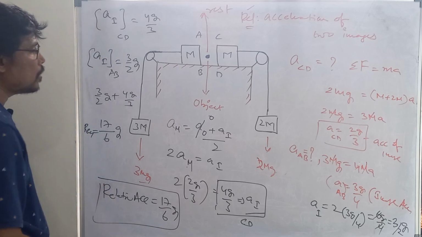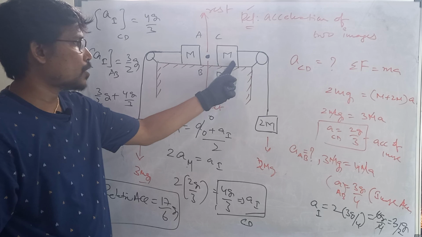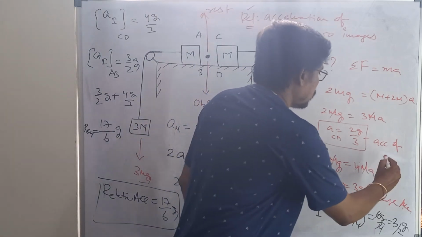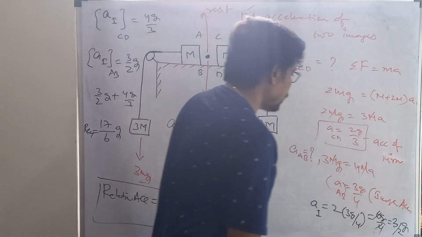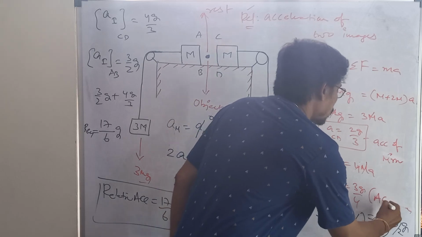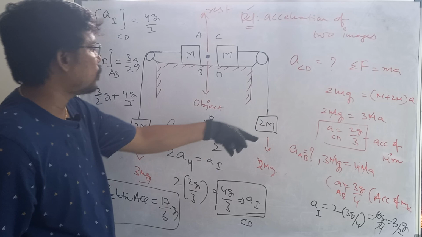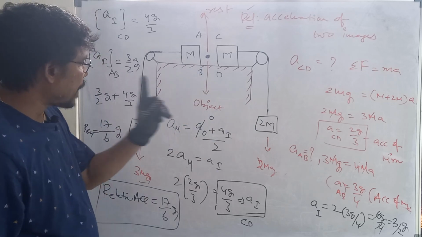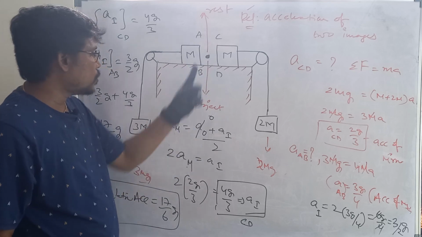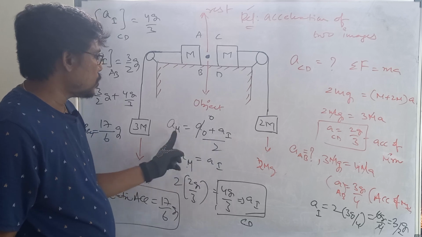Here I just wanted to find the acceleration of the mirror for both of these. When I find the acceleration of the mirror, if I want the acceleration of the image, I have this formula: acceleration of the object is 0, and the acceleration of the image is twice the mirror acceleration.